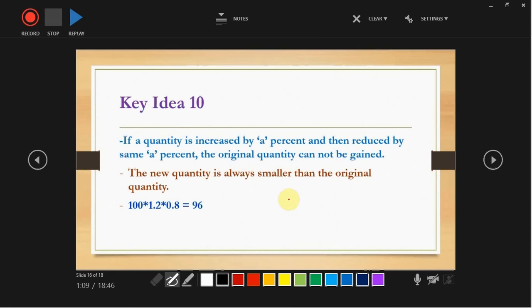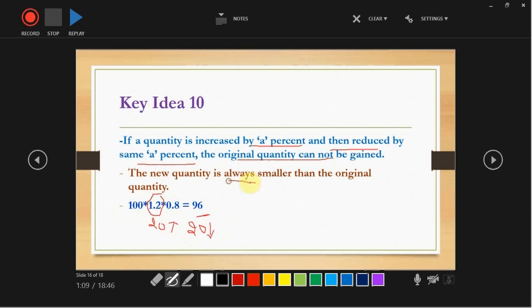Now we move to key idea 10. It says that if a quantity is increased by A% and then reduced by the same A%, we can never get the original quantity. For example, if we increase 100 by 20% first and then reduce by 20%, we won't be back to 100, we'll be back to 96.